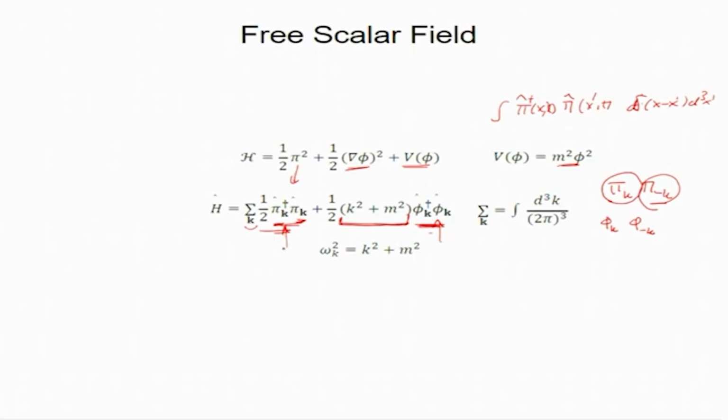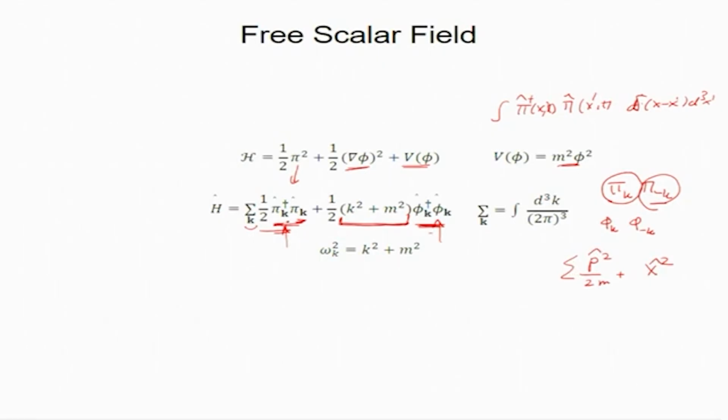Now you can see that this Hamiltonian is looking like a lot of oscillators. What was the Hamiltonian for an oscillator? P squared by 2m plus x squared, right. In Fourier space, this is an oscillator potential, p squared plus x squared.